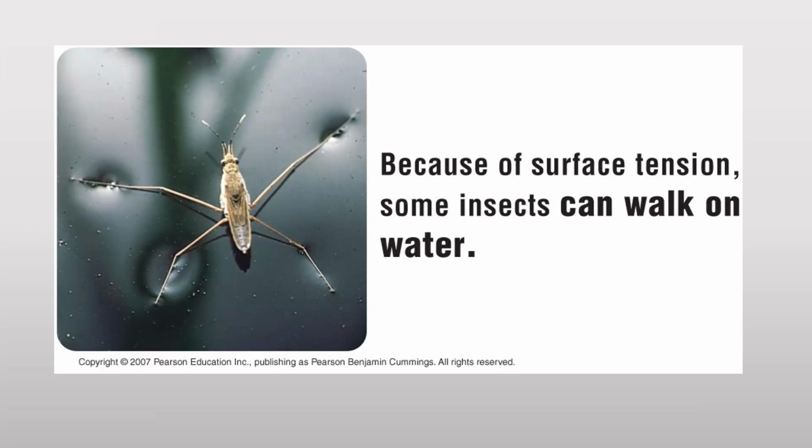But if you're talking about the surface of the water, you've got thousands and thousands of water molecules, and they're all bound to one another. It almost makes like a molecular skeleton, a molecular lattice on the surface of the water. And that allows something like this little water strider to skirt across the surface of the water without breaking the surface. That's called surface tension.